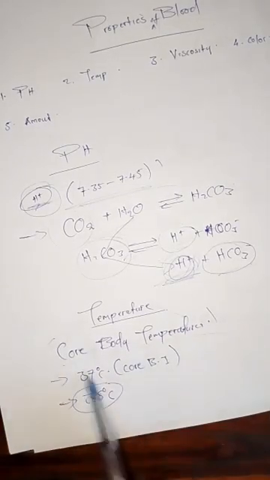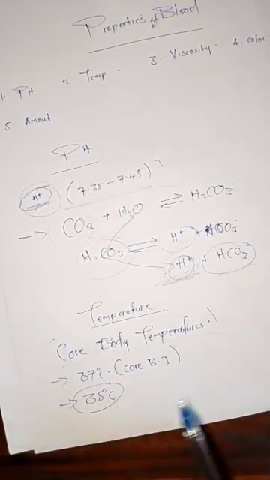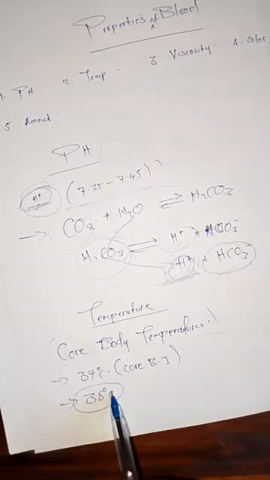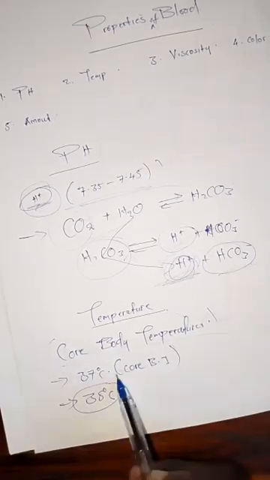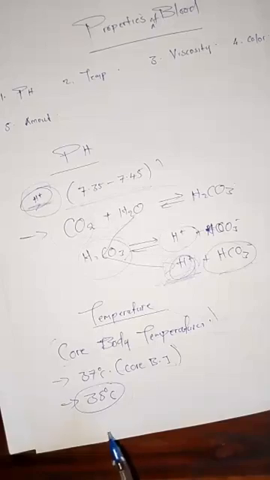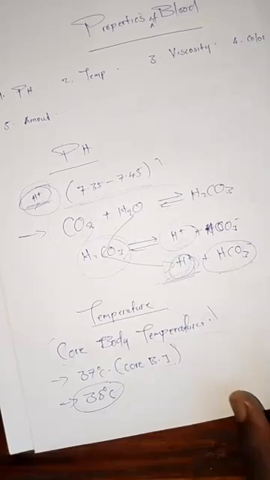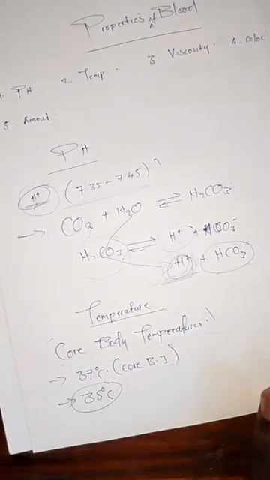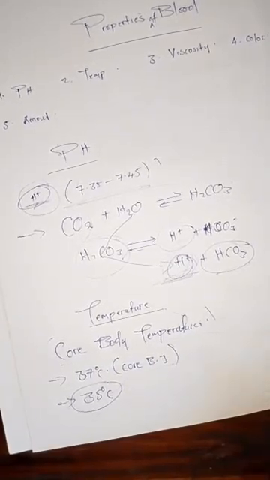We also said the core body temperature is 37 degrees Celsius, and the temperature of the blood is about 38 degrees Celsius, slightly higher than the core body temperature by 1 degree. We also looked at the viscosity, the color and the volume.